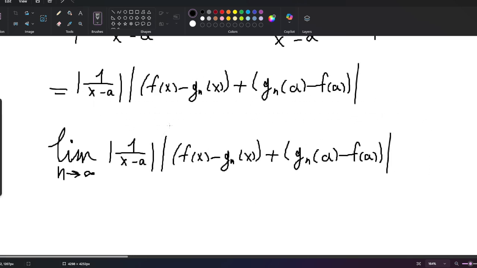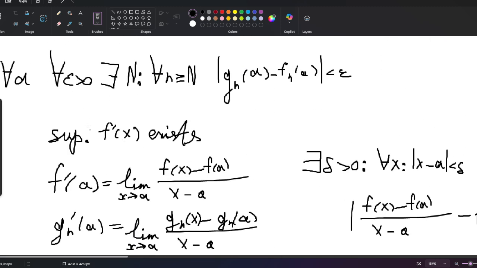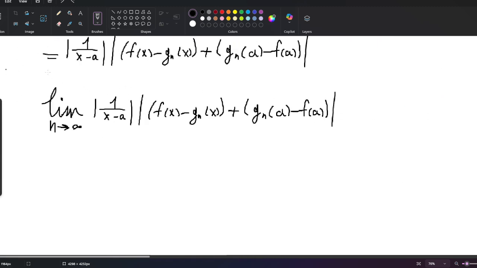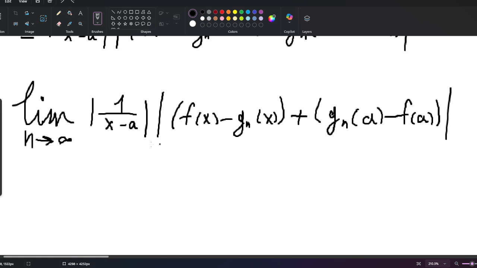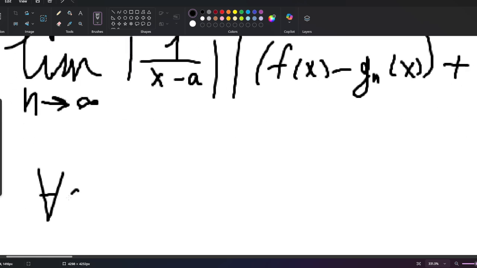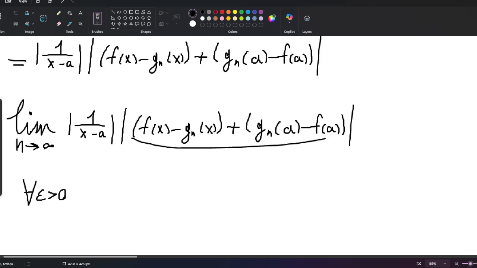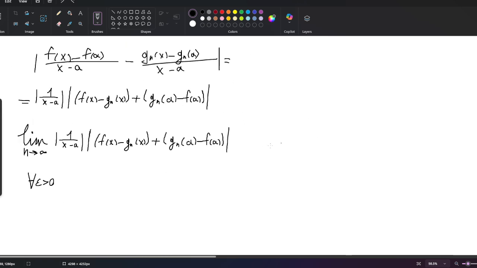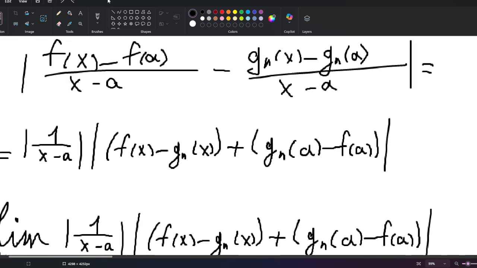And what we're going to get is, essentially, for every a, for every epsilon greater than 0, there exists some capital N. And this implies that for every epsilon greater than 0, let's rewrite this expression here.